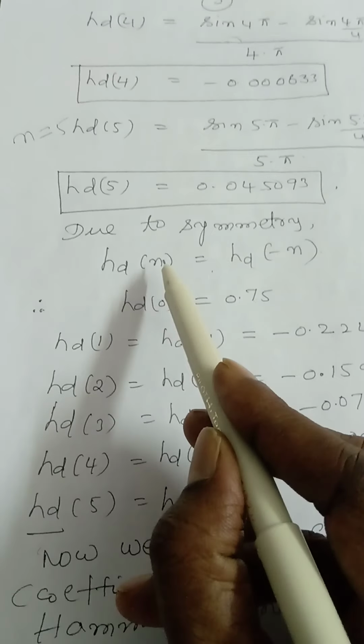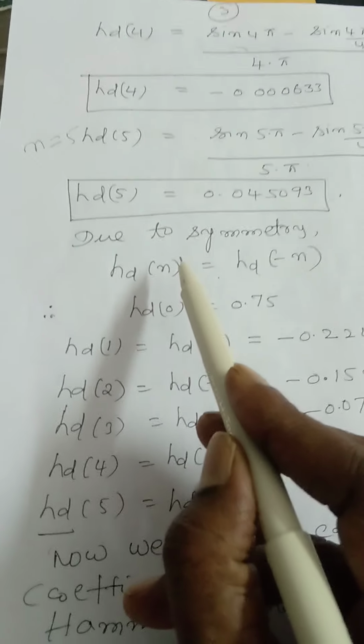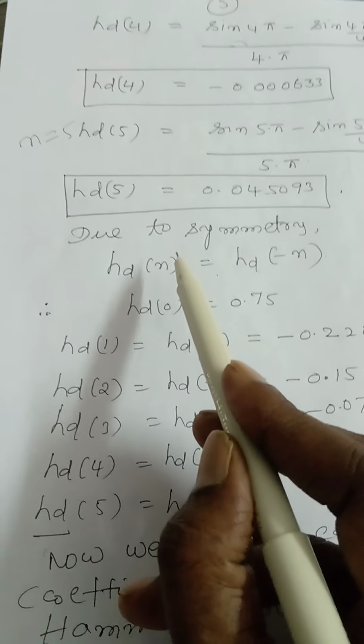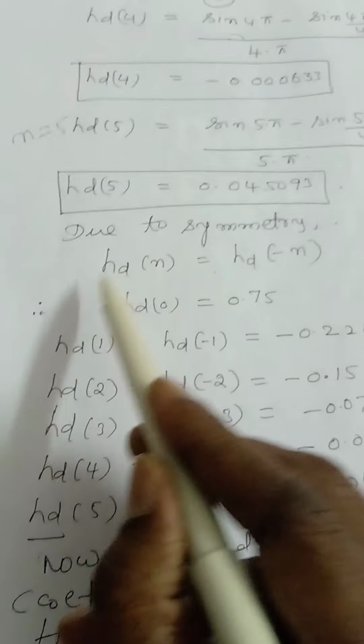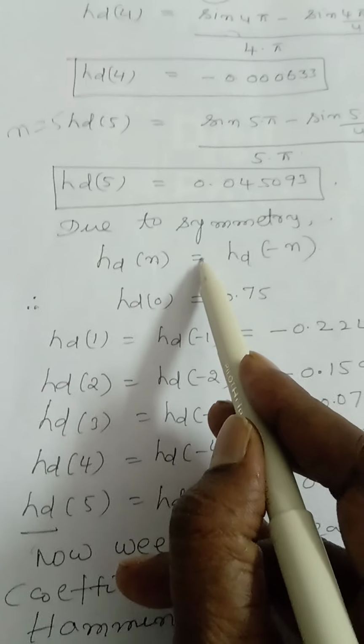Now you got hd of 0, hd of 1, hd of 2, hd of 3, hd of 5. Due to symmetry, hd of n is equal to hd of minus n.